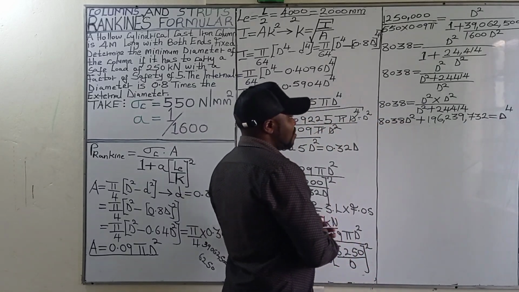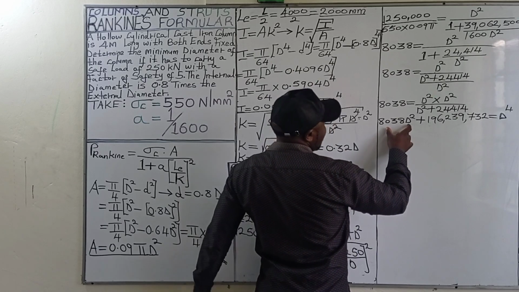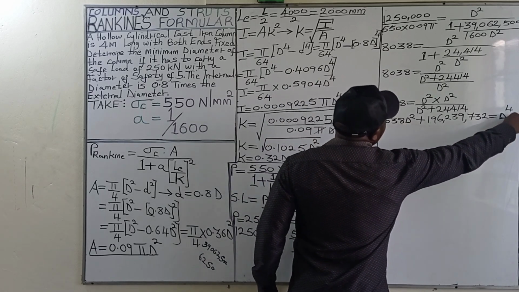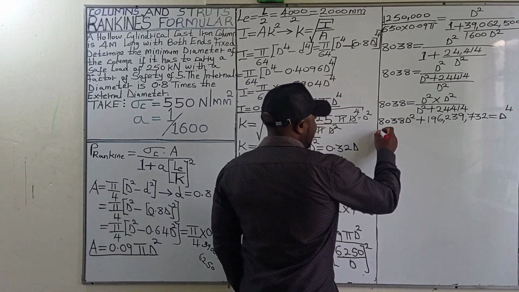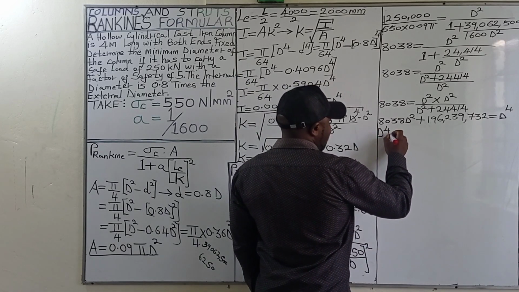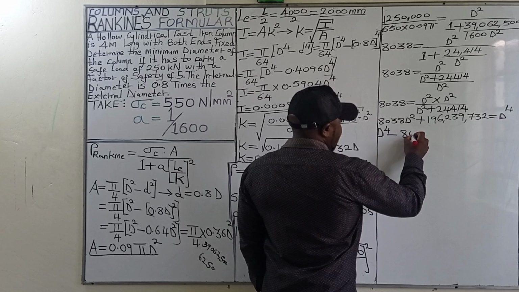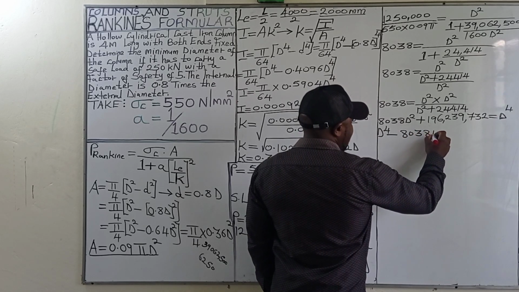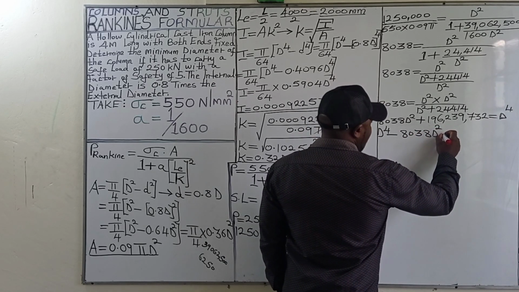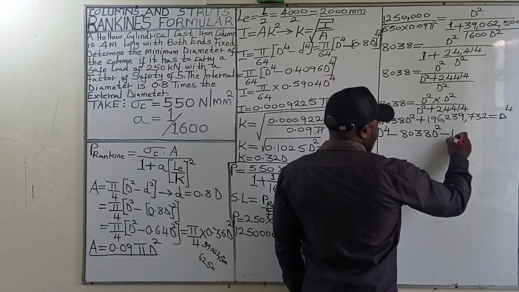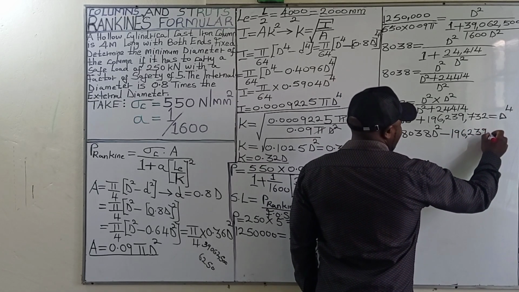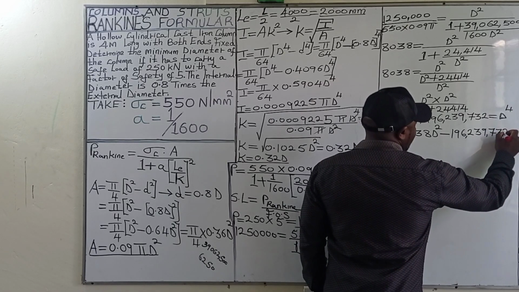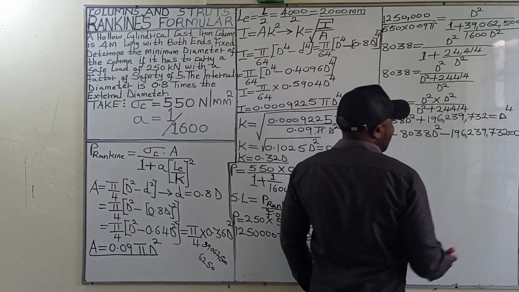So what we are going to do, we are going to bring the results on the left hand side to the right hand side of the equal sign, and this is going to lead us to d raised to 4 minus 8038 d squared minus 196,239,732 being equal to 0.